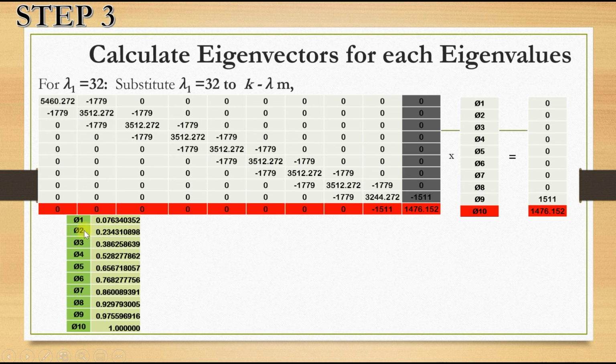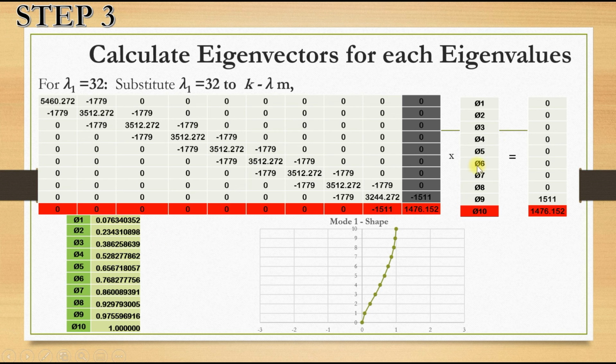For mode 2, eigenvector, we have 0.23431089109, hanggang dito sa mode 10 ng eigenvector, makukuha natin si 1. So, ito na. Makikita natin na tama yung solution, kasi kung titingnan natin yung mode 1 shape niya, nag-start siya sa origin, nag-end siya dito sa point na ito.